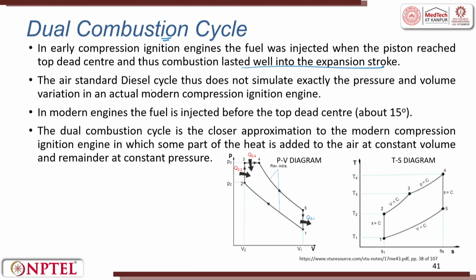The air standard diesel cycle thus does not simulate exactly the pressure volume variation in an actual modern compression injection engine. So, in a modern engine, the fuel is injected about 15 degrees before the top dead center.